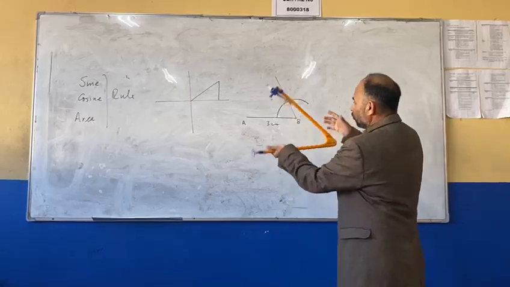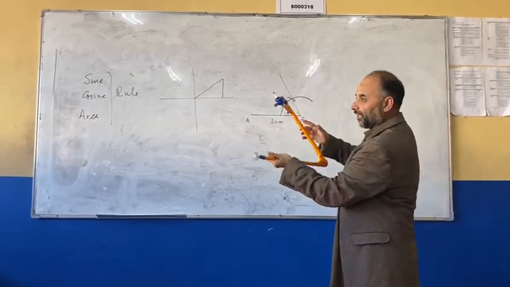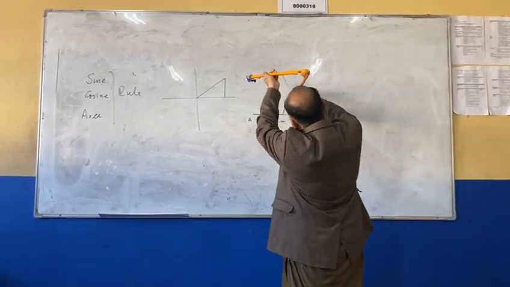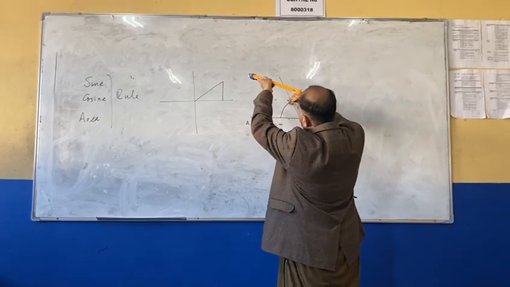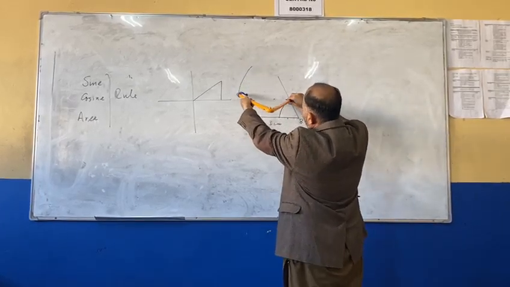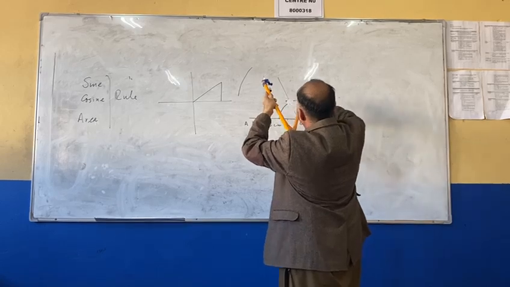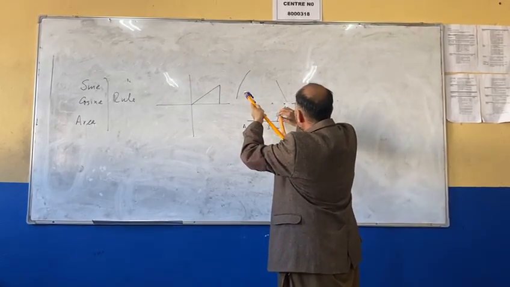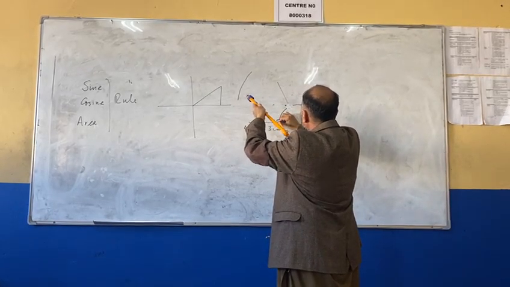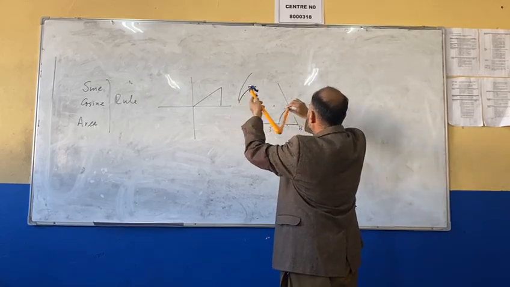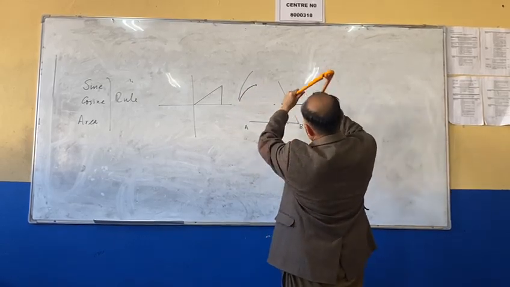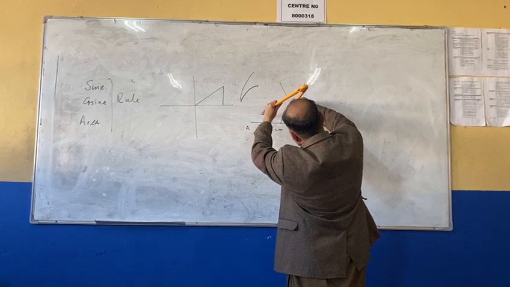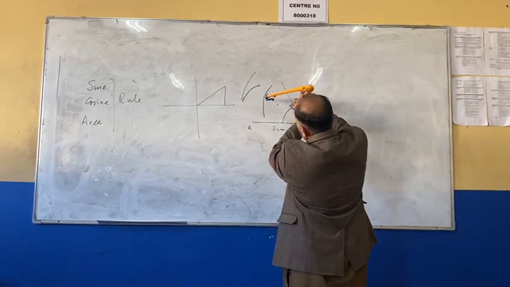30 degrees. For two parts, you can just open your compass again and draw an arc. Sorry guys, let me just draw an arc here.